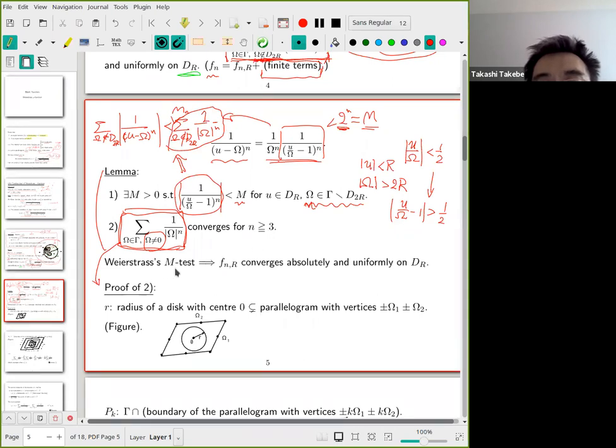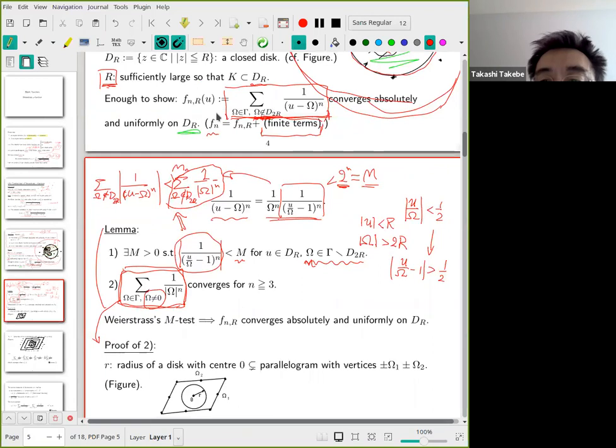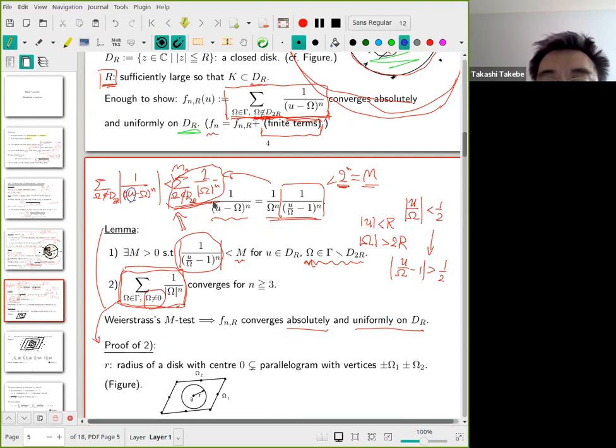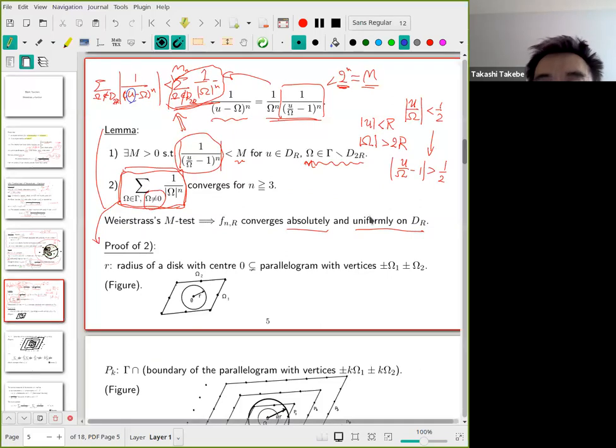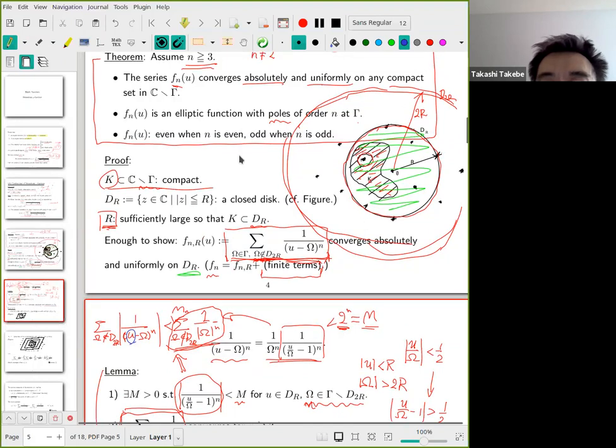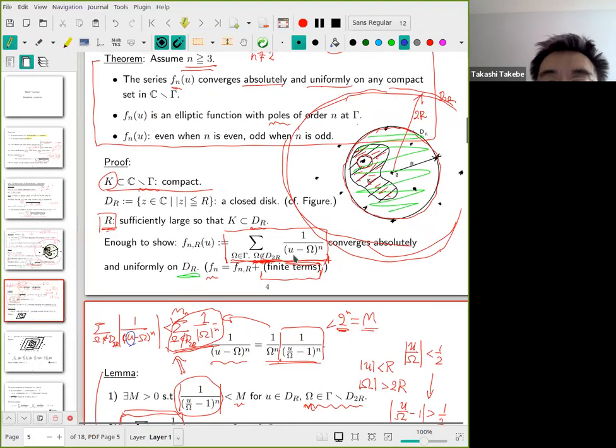So by the Weierstrass M-test, the majorant test, this converges absolutely and uniformly because this estimate does not depend on u. Here, there is no u. So then that's what we want.